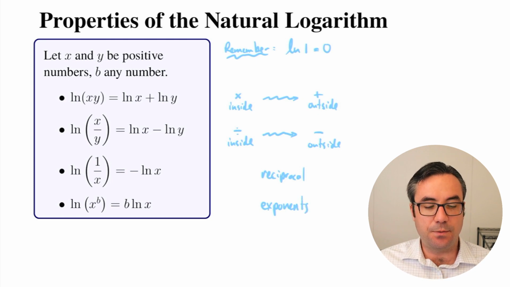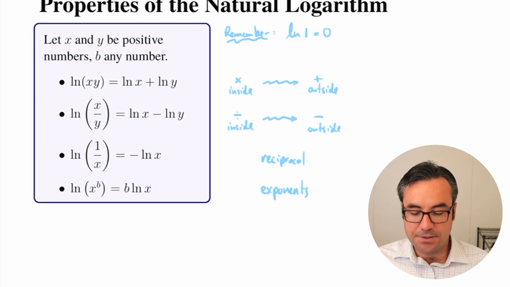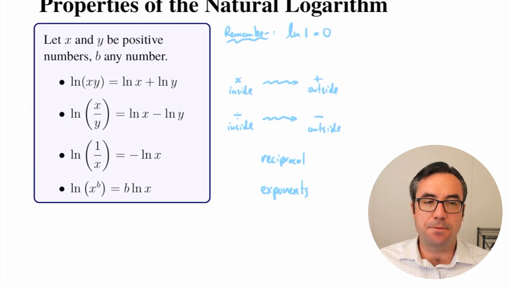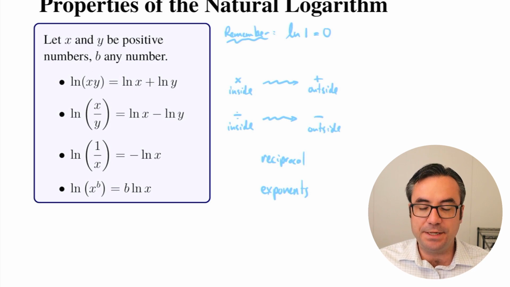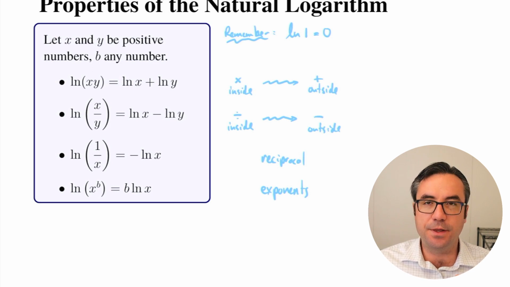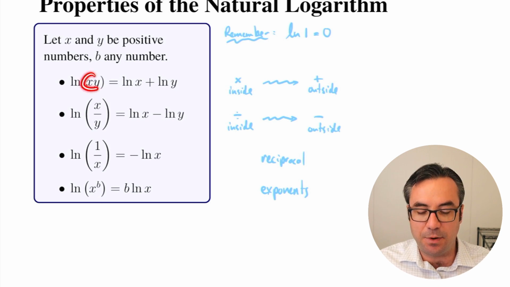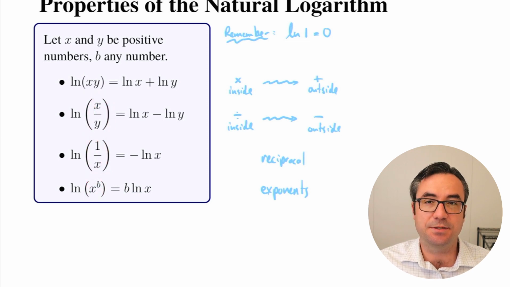All right, so when we're looking through this list, it's going to be important to remember that these properties only allow us to do anything if we have multiplication, division, both of these are division, or exponents inside of our log function.